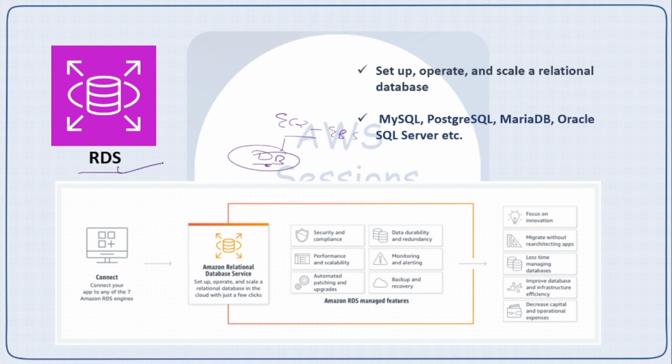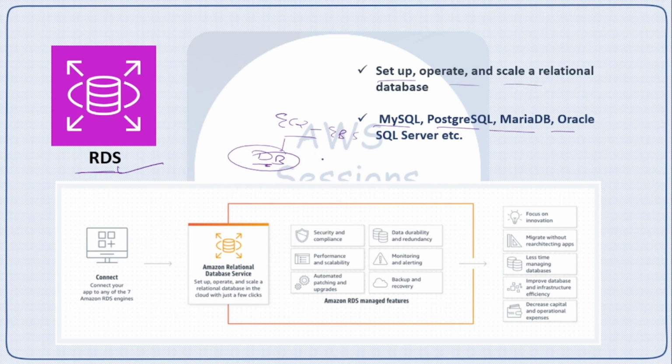It is a Relational Database Service. Here you can create your own databases, and AWS offers different database engines such as MySQL, PostgreSQL, MariaDB, Oracle, SQL Server, and some more. From here you can easily set up, operate, and scale a relational database.